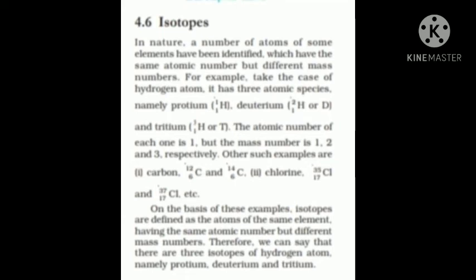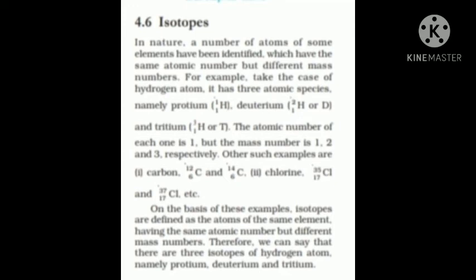Some examples are carbon with atomic number 6 but with mass numbers 12 and 14, and chlorine, atomic number 17 but with mass numbers 35 and 37.